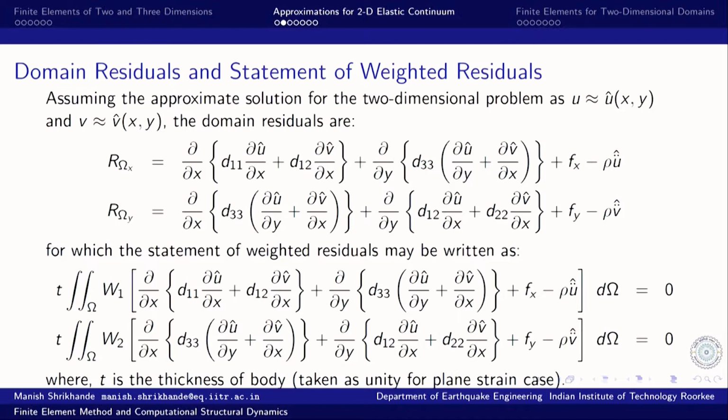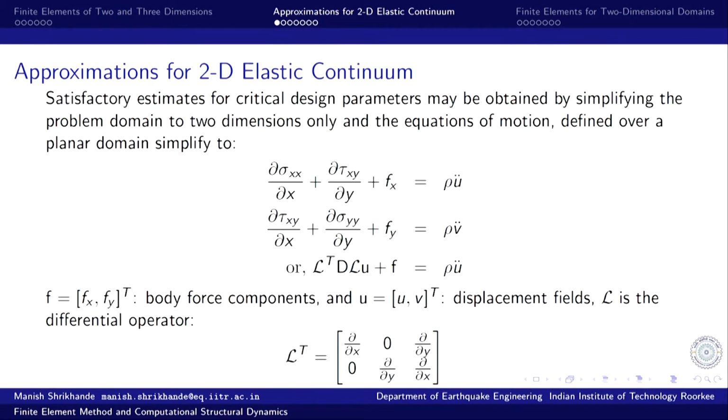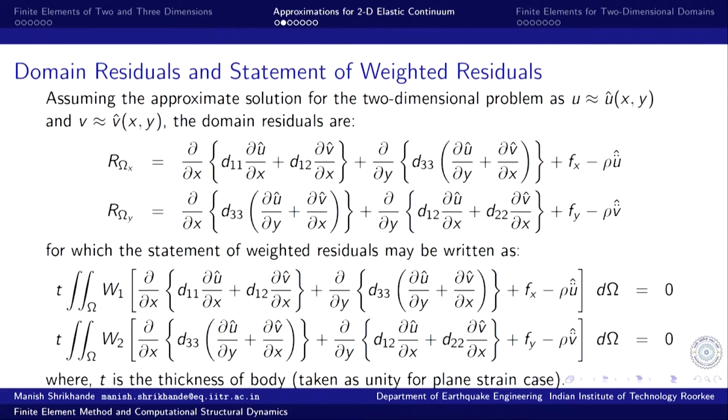So, we can substitute these approximations u hat and v hat in the governing differential equation L transpose d L u plus f is equal to rho u double dot, and this is what the domain residuals are in x direction. So, r omega x is this expression, a straightforward component wise expansion of that expression, and the second one is the residual along y direction.